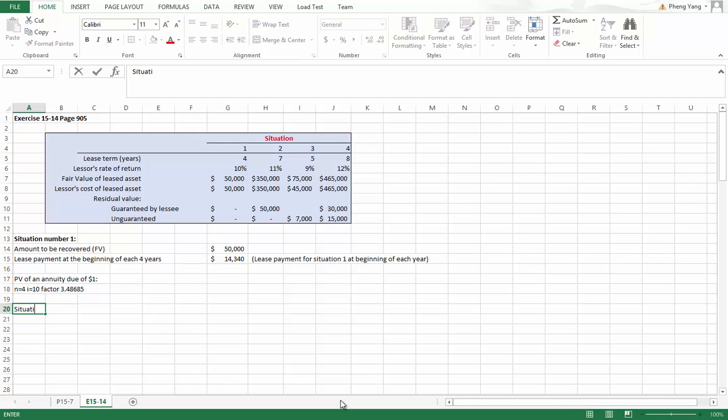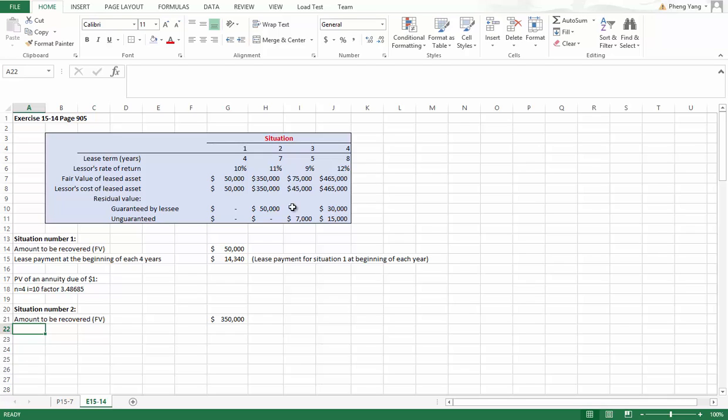Situation 2. Once again, the amount to be recovered under the fair value is 350,000. In this situation, we've got an amount that's guaranteed, $50,000 from the lessee. They're saying that after they return the asset, after the lease is over, the asset will be worth at least $50,000.